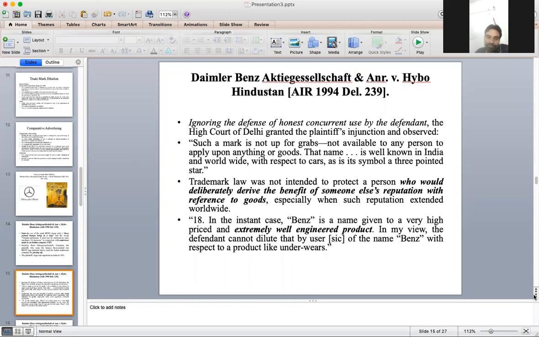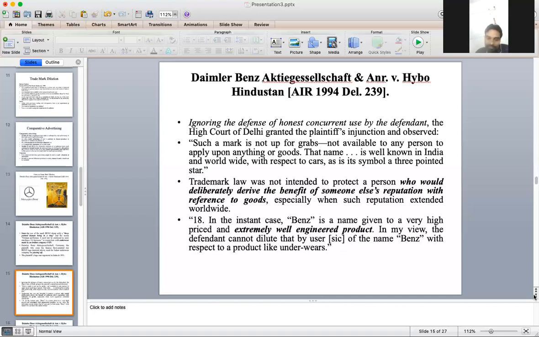And they observed that such a mark is not up for grabs, not available to any person to apply upon any goods. That name is well known in India and worldwide with respect to cars, with its symbol a three-pointed star. So it is all pervasive here in India also, people recognize it.